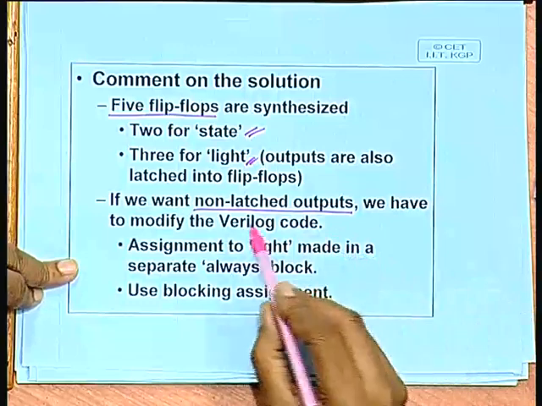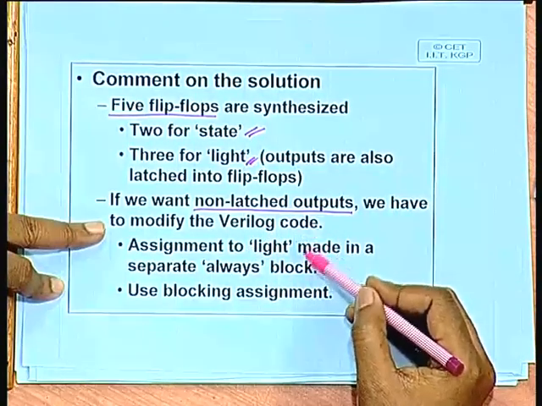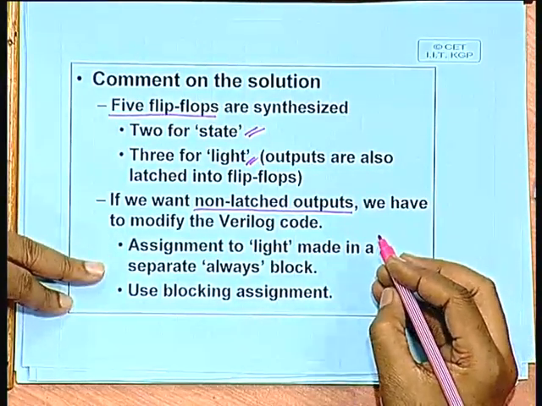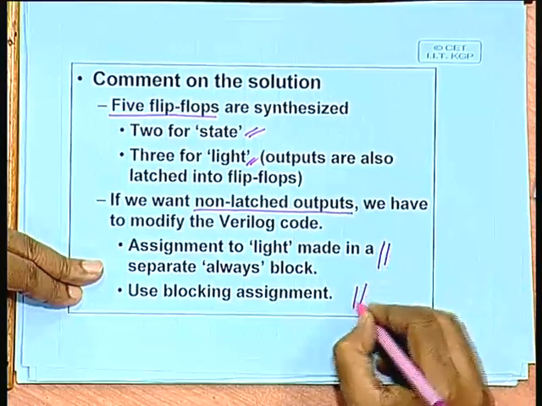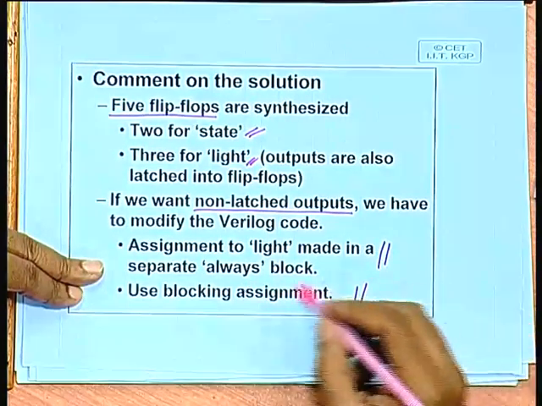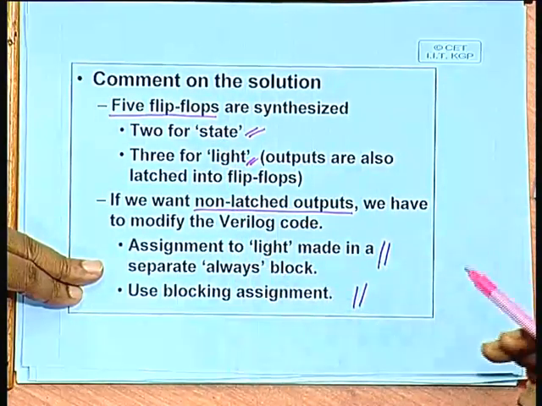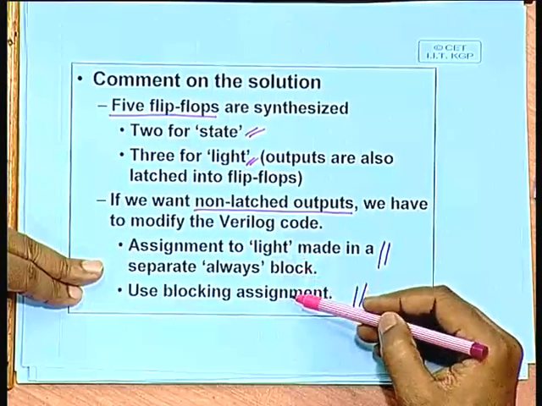But if you want non-latched outputs, we have to change the Verilog code in a slightly different way. We use two separate always blocks, one for the state and one for outputting the light combinations, and one of them will be non-blocking, one of them will be blocking. Let us see how.